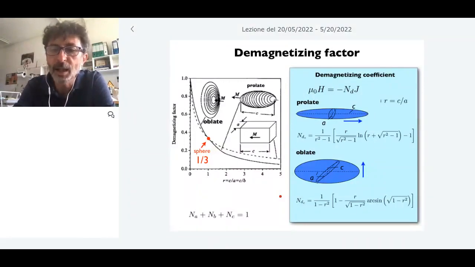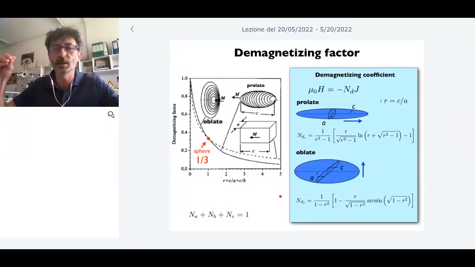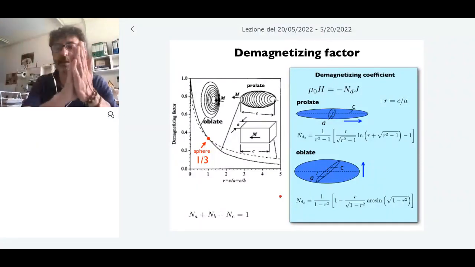The typical cases are those illustrated here. Take an ellipsoid of revolution, and imagine taking a sphere and deforming it in two ways. In one direction, I take the sphere and make it long, like a cigar, and this is called a prolate ellipsoid, or I can make it flat, and this ellipsoid is called oblate.